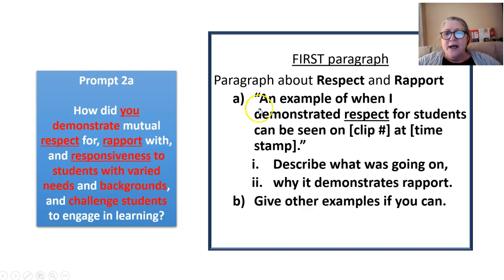But what you're going to write for your first paragraph is an example of when I demonstrated respect for students can be seen on clip number blank at timestamp blank. Now remember, you're starting out with your video analysis tool where you are using the big clips.